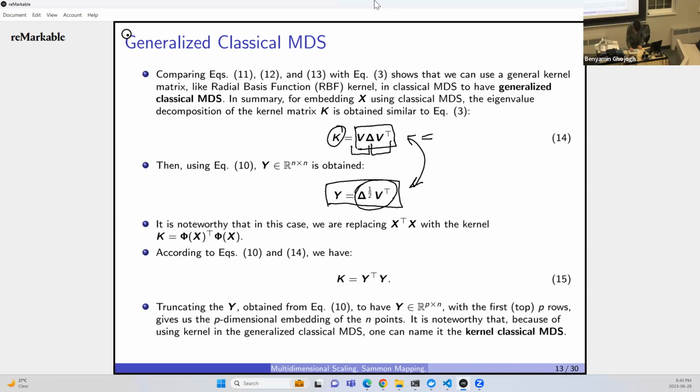So V, you can write as V delta half V transpose. This is exactly, according to this equation, Y transpose. Therefore, I can write the kernel as Y transpose Y. Did you see the interesting thing?